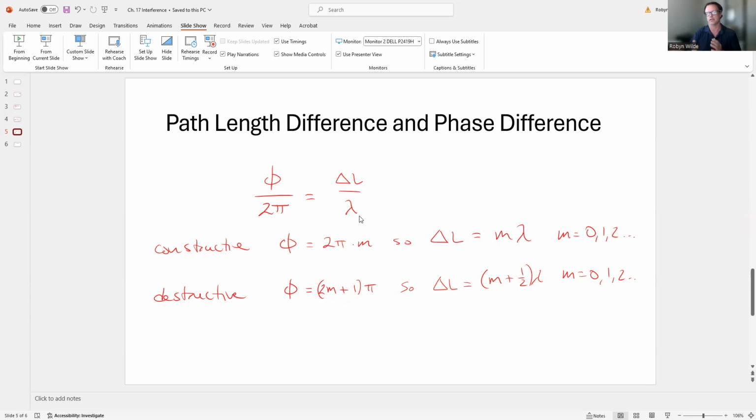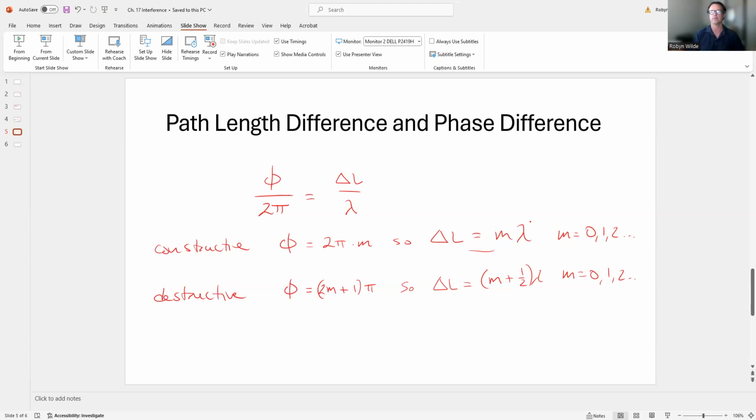As far as the cosine and sine functions go, I'm just repeating after 2 pi or one wavelength. So this relationship holds, and then you can see that for constructive interference, phi is 2 pi times m, so delta L is a multiple m of the wavelength. Now m can be 0 here, and that again means that there's no path length difference, they're just the exact same wave. But anytime this condition is satisfied, delta L equals m lambda, I get constructive interference.